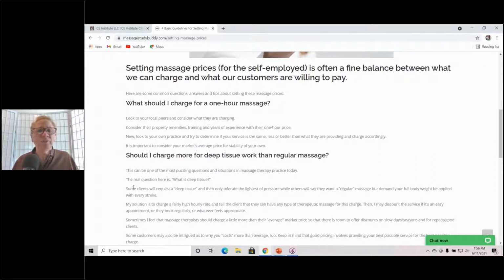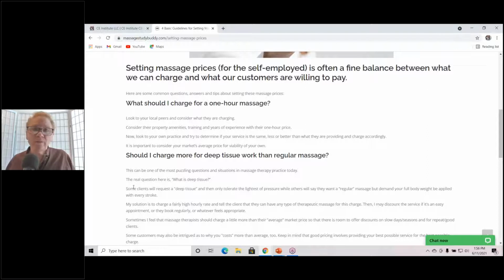Also, look at your peers and what they're charging in the market, and then compare your experience to their experience. So look at the base rate and the bottom rate of what's being charged in the market, and then look at what the top prices are being commanded in your market, in your location, in your geographical area where you're practicing. And then ask yourself, how do you compare to these other practitioners?